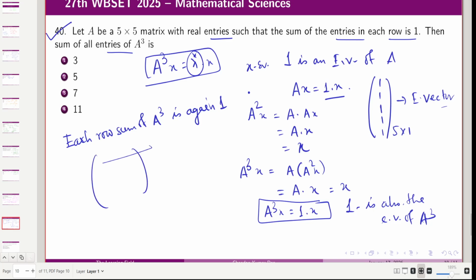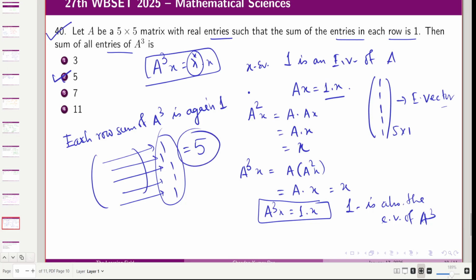That means this row sum 1, this row sum 1, this row sum 1, this row sum 1, this row sum 1. So the total sum of all the entries is equal to 5. The answer is 5.